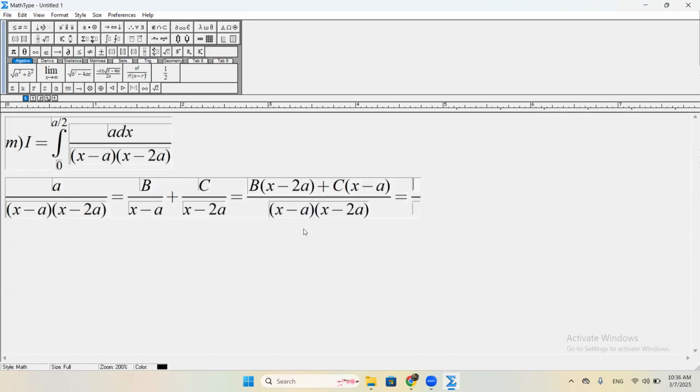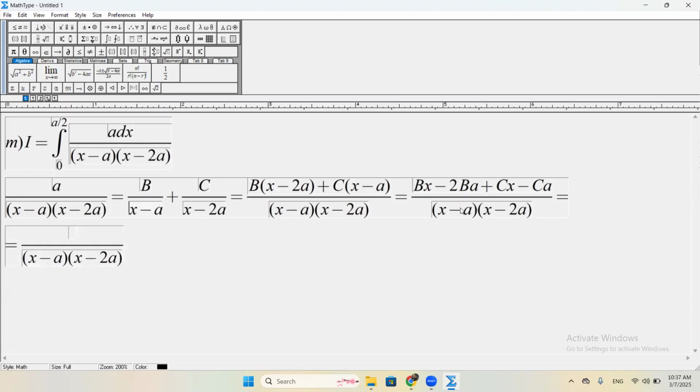Now let's expand. So bx minus 2ba plus cx minus ca. And now let's regroup according to degrees.